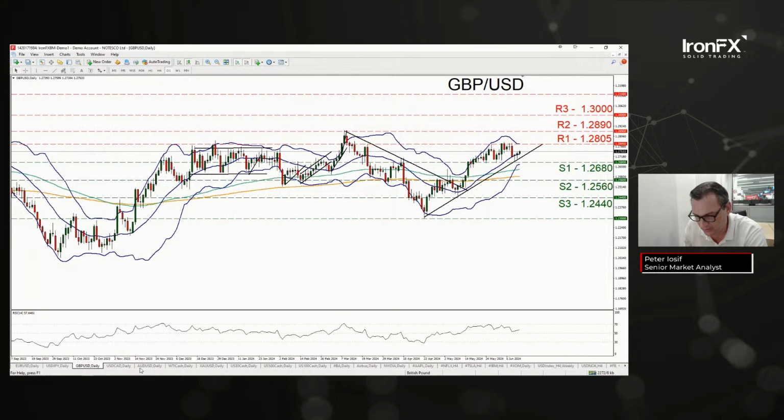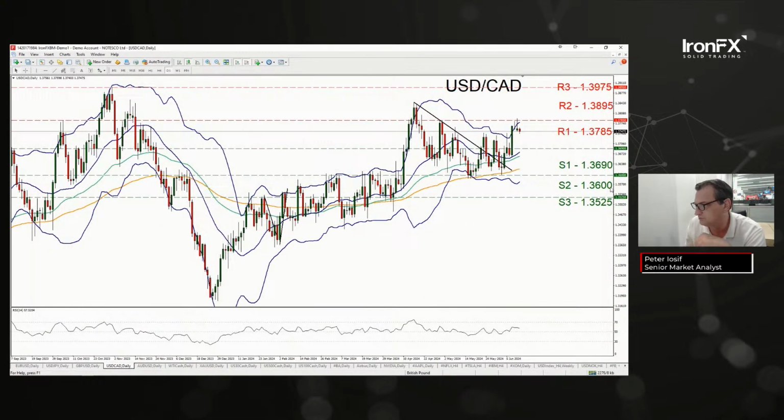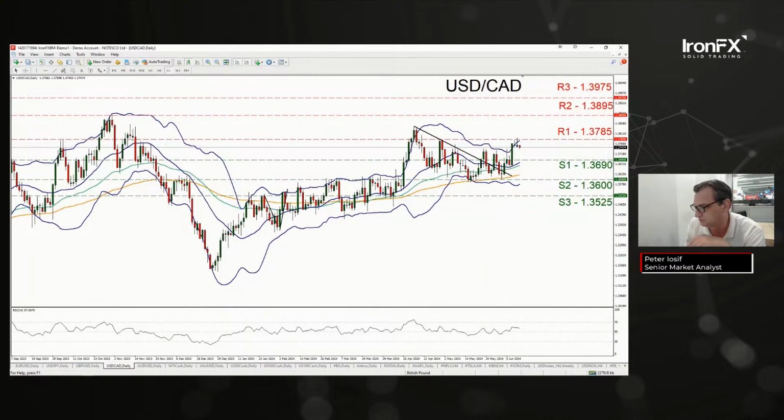Let's have a look at USD/CAD. Now, USD/CAD seems to have hit the ceiling yesterday at the 1.3785. It was very briefly breached.